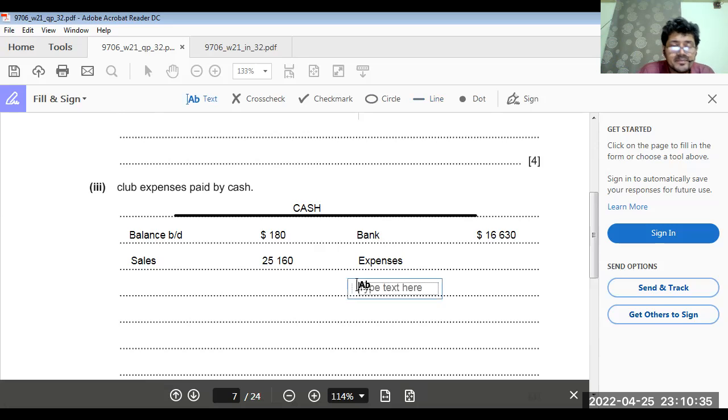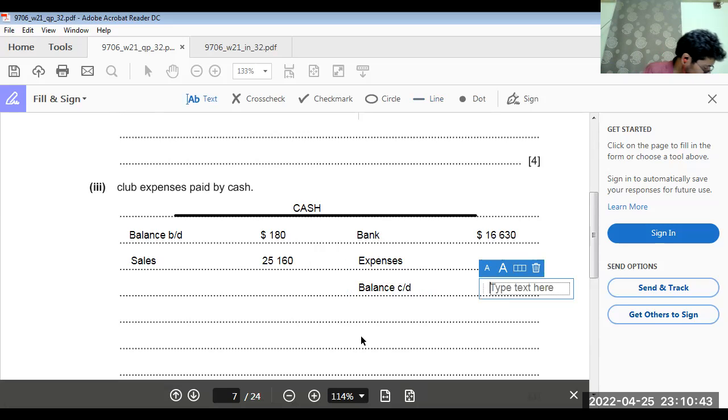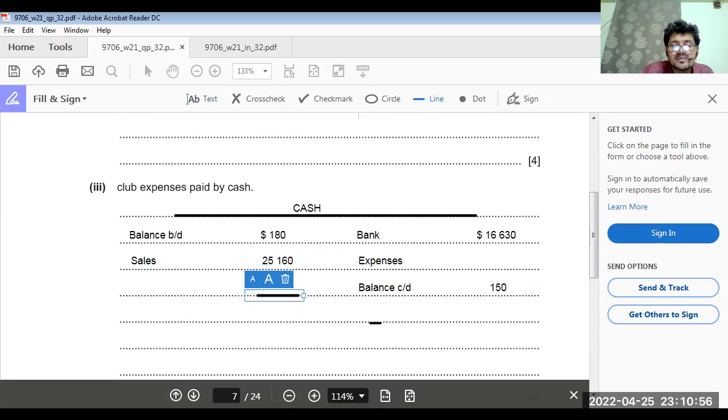Balance c/d. Closing balance of cash is how much? Now, we can calculate the missing figure.